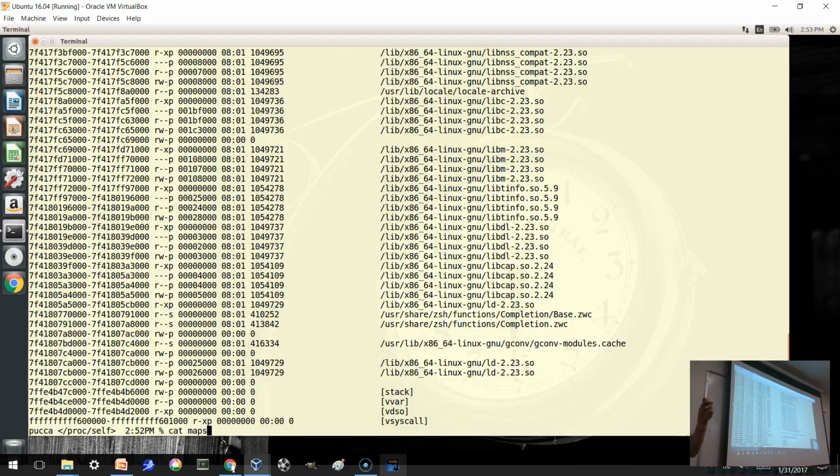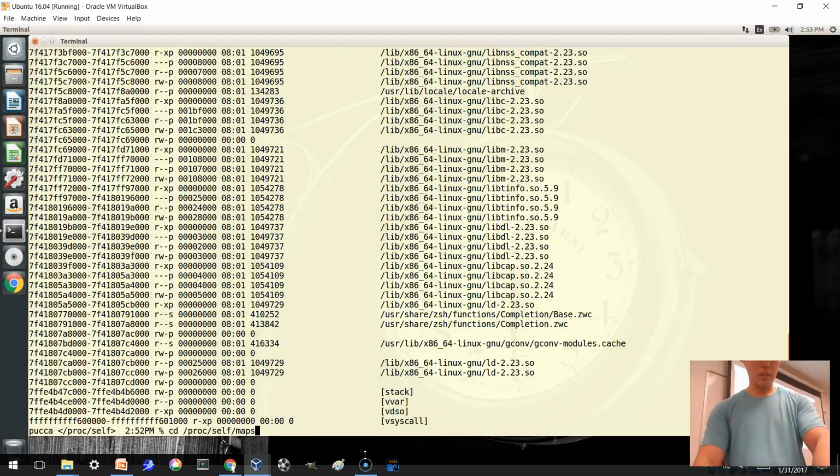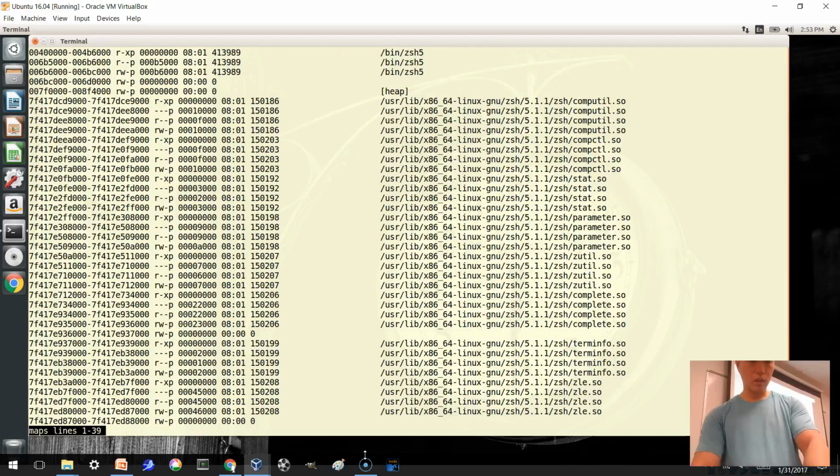So even though everyone's got the same addresses, everyone could be mapping into this 400,000 range in their virtual memory address space, but then it would get mapped into different physical memory addresses underneath, and you wouldn't be able to see those physical addresses.